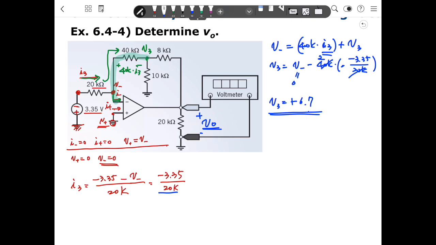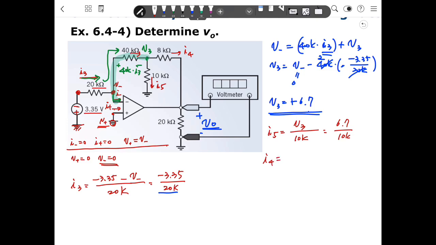Because this is 6.7, we can calculate the current. We define this current as I5, then I4. What is I5? I5 is V3 divided by 10 kilo, that means 6.7 over 10 kilo. And what is I4?